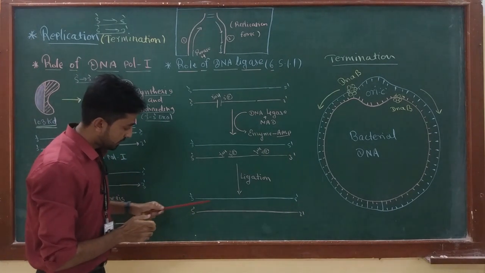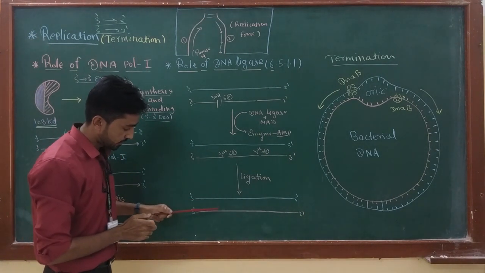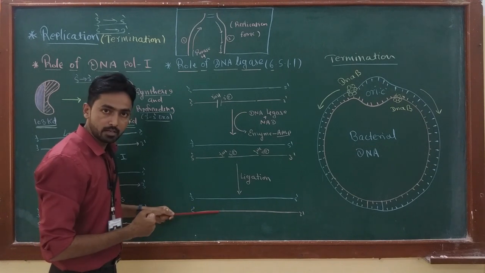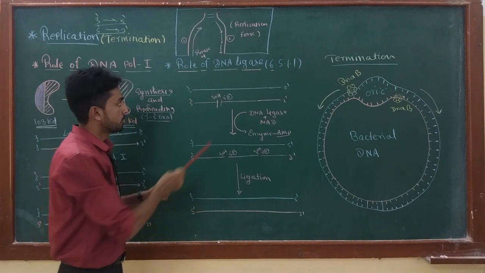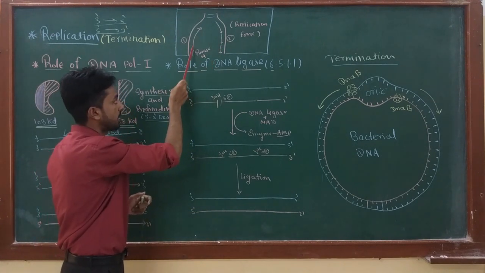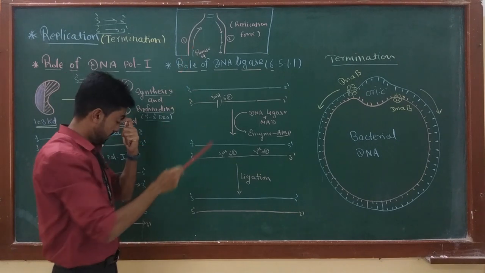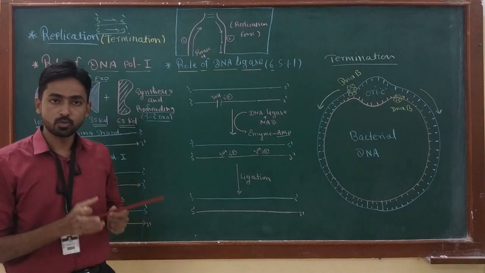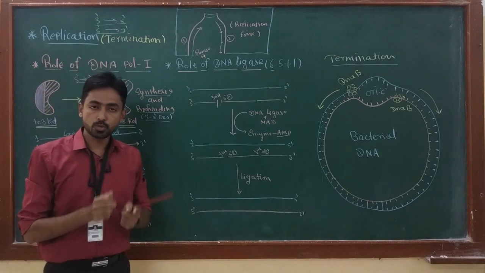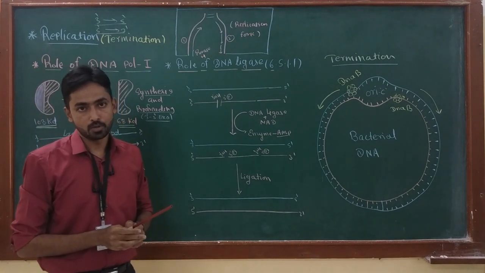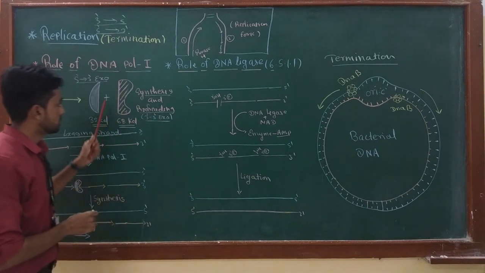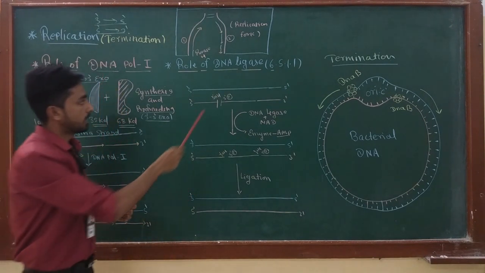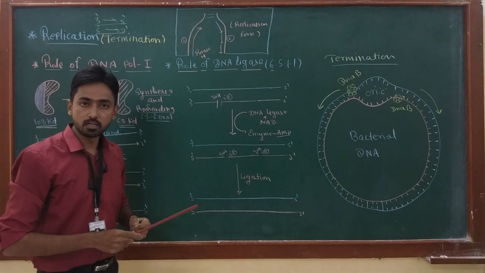In this way, one lagging strand gets its complementary strand. Similar things happen on the leading strand. In this way, at the end of the elongation process, you get two DNA from a single DNA. Okay, so this is all about the role of DNA polymerase 1 and DNA ligase in the replication process.